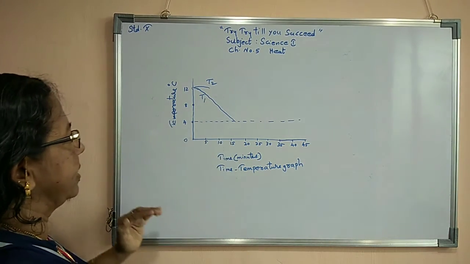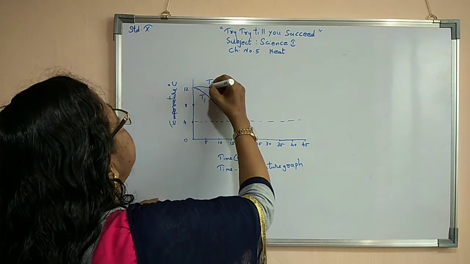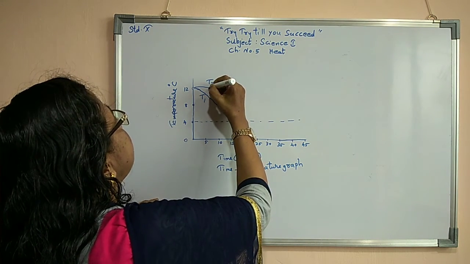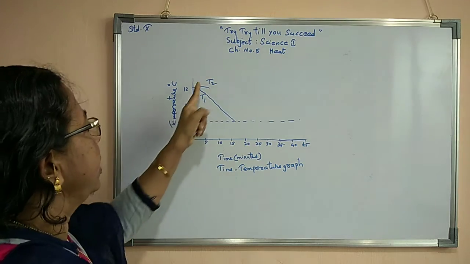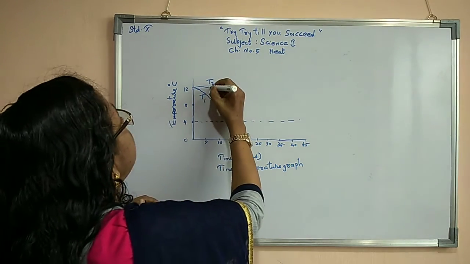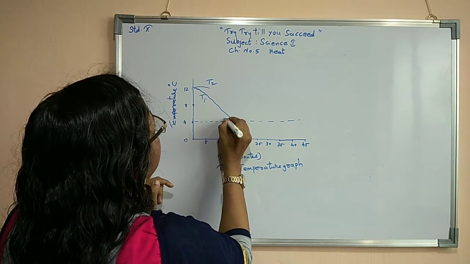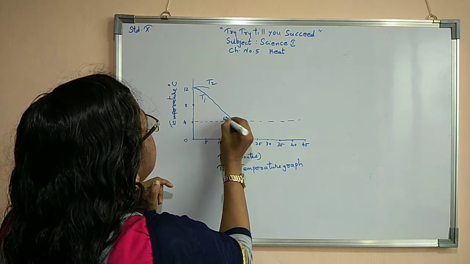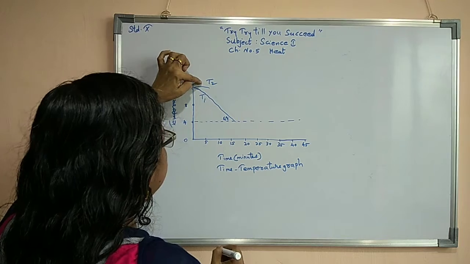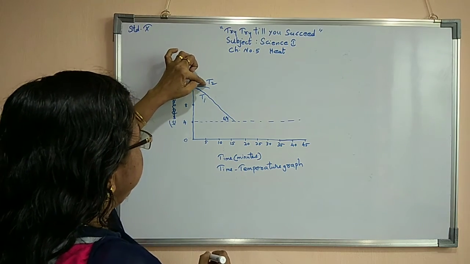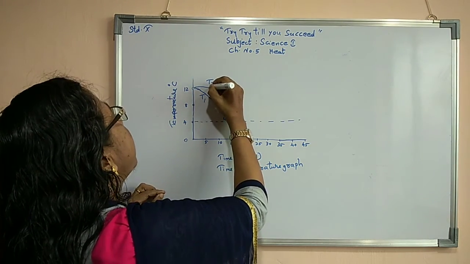Up to 4 degrees Celsius. At the same time, this other thermometer reduced its temperature slowly until the first one's temperature reached 4 degrees Celsius.